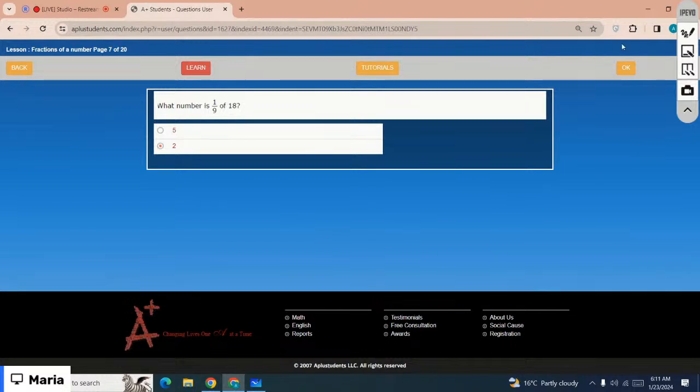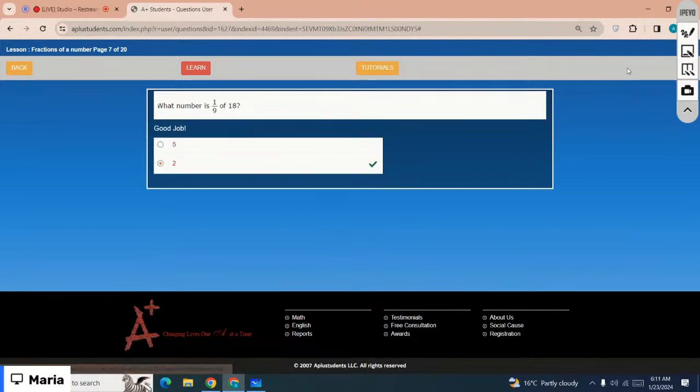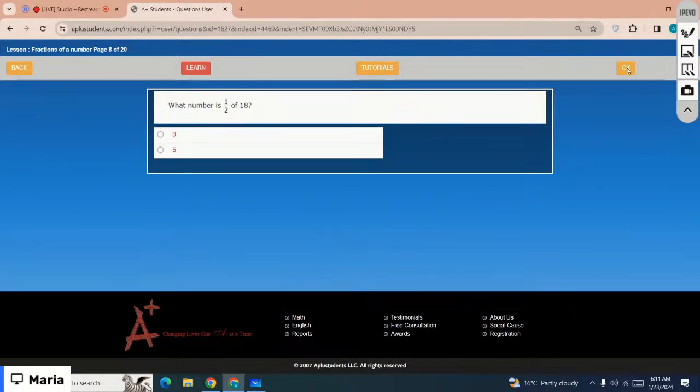Very good. What number is half of 18, which is the correct option?